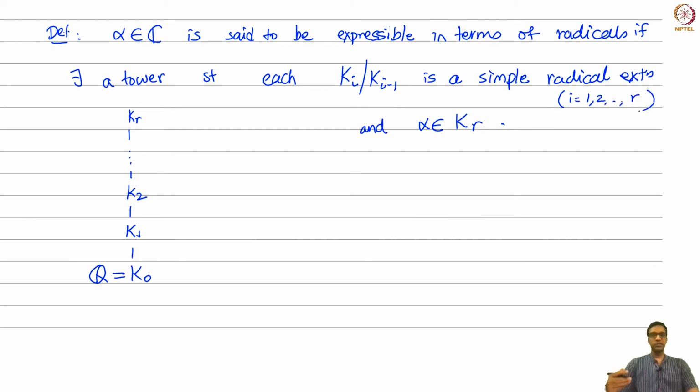This is the formal way of encapsulating the idea that you keep taking multiple nth roots.